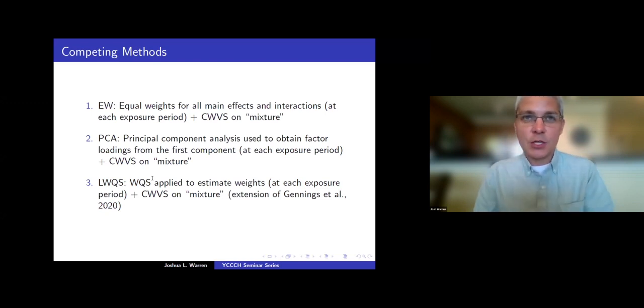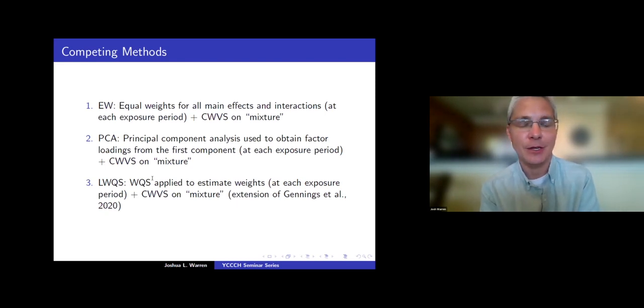A PCA approach also makes sense. So let's allow the data to determine the correct weights, or these lambdas, but let's focus it only on the exposure period, only on the exposure data. So at each exposure period, fit a PCA to the person-specific exposures and generate these weights that describe the relative contribution of the different interactions and main effects in the mixture, and then weight the mixtures that way and throw that weighted value into the distributed lag regression model.